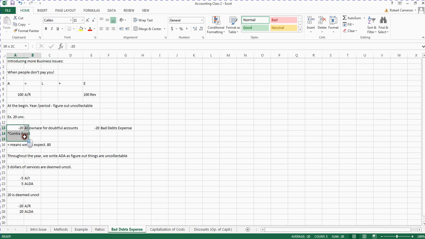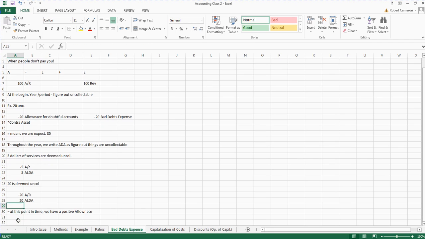We only estimated $20, which would mean at this point in time, we have a positive allowance, which, it's not that that's like impossible or anything. It's just know that if you ever see a positive allowance, that means that throughout the year it was added to in such a fashion, all these positives are being added to it, that it just means we did not properly assume how much is going to be uncollectible.